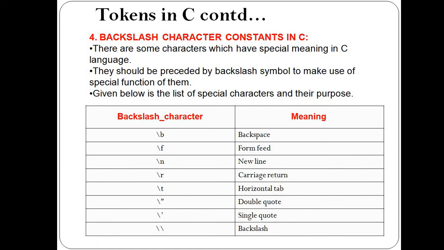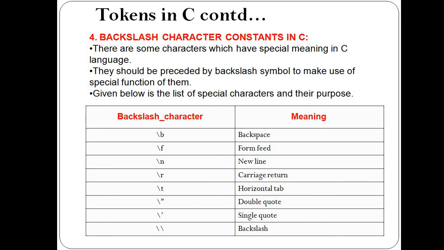Now the next type of constant is the backslash character constant. Some special characters also have special meaning in C language. They are not actually characters or digits, but they are used for writing statements in a C program.